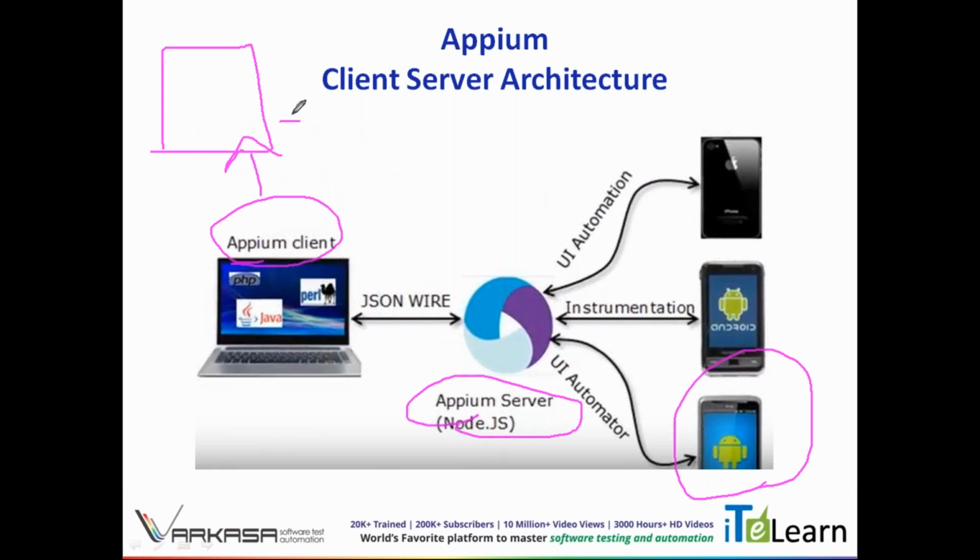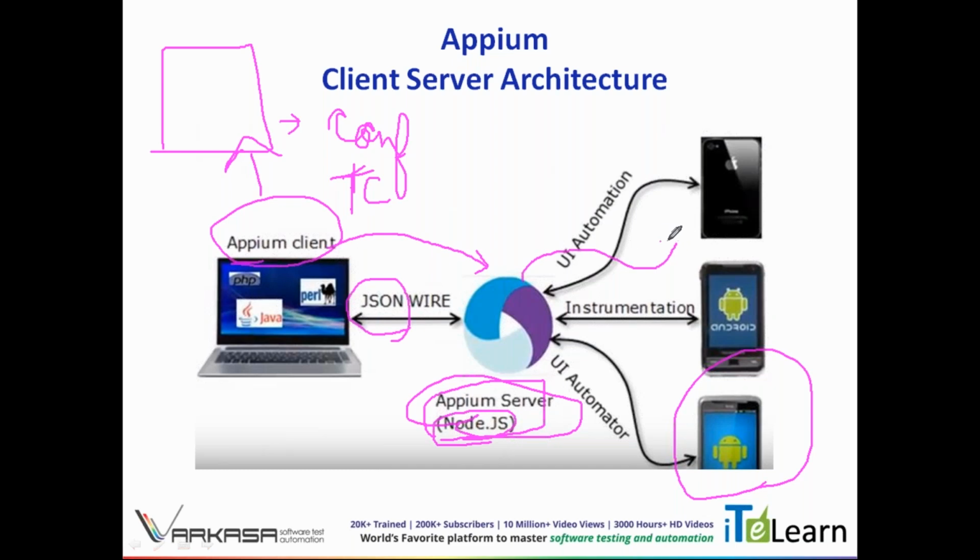It holds both your configuration details as well as the test case logic. The Appium server is written using the node.js programming language, and this server will receive commands from the Appium client in JSON format. These commands are interpreted and recognized by the Appium server, and then the appropriate mobile device is connected and the automation is run on it.